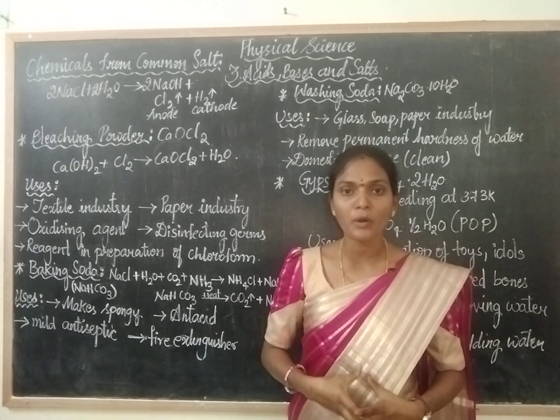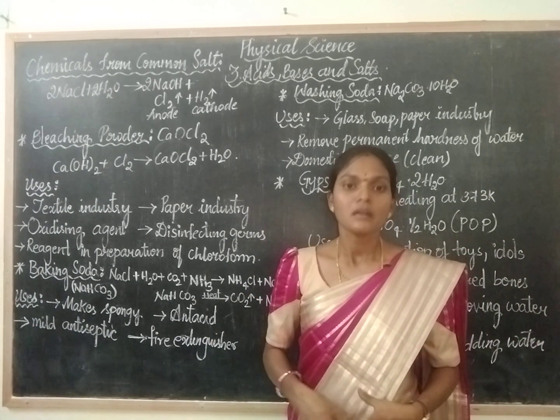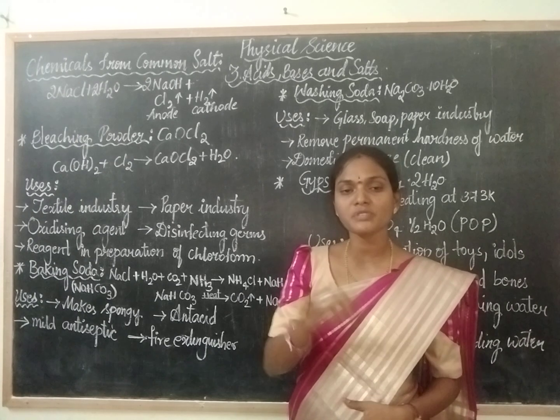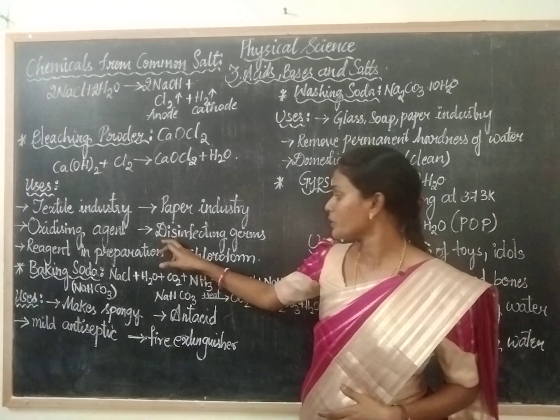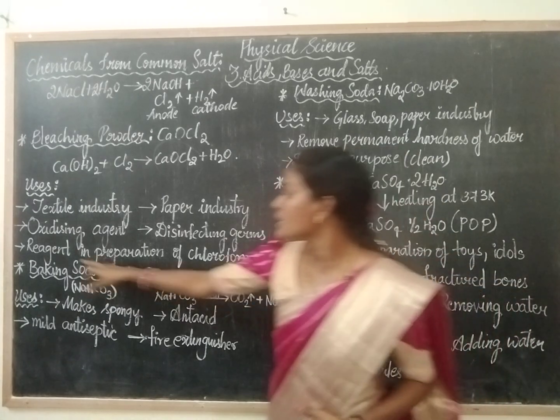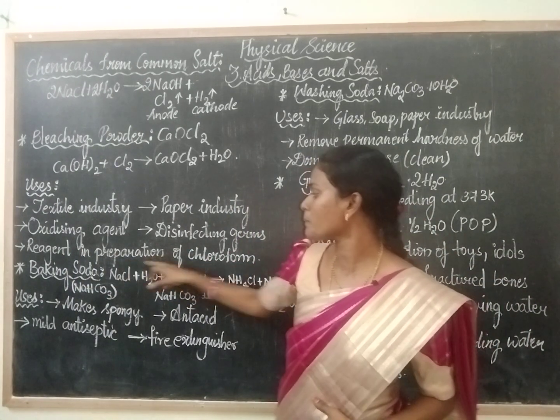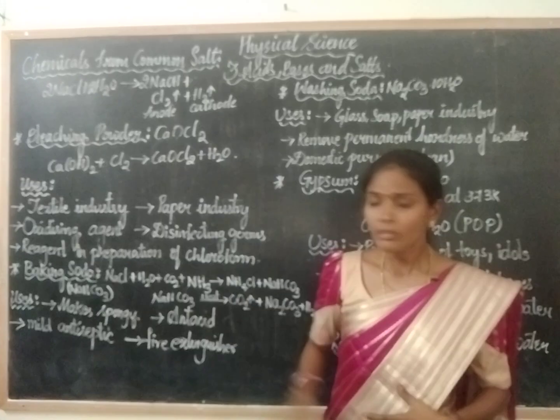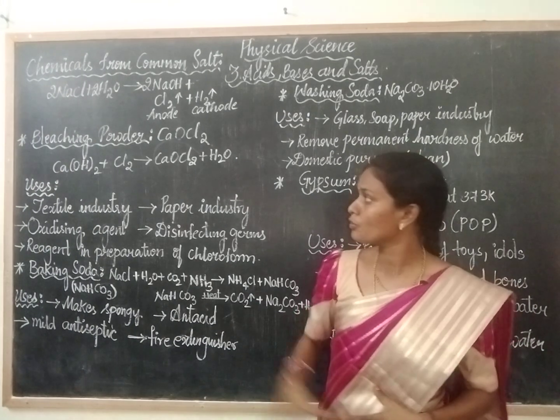We put some bleaching powder in the overhead tank on top of a building. Why? Because it kills all the germs present in that water. So it is used in disinfecting germs and as a reagent in the preparation of chloroform.